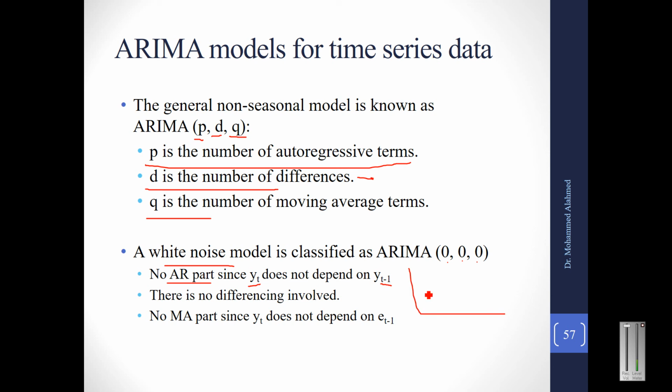If you remember, when we took the ACF of a white noise, it comes out like this, right? All are within the 95%, so statistically insignificant. There is no differencing involved because obviously it is white noise, and no MA part since YT does not depend on ET, right? So there is no previous dependence, so there is no MA component involved either.